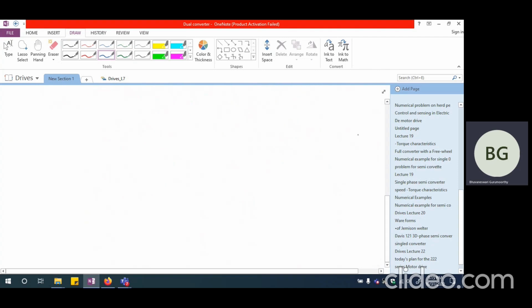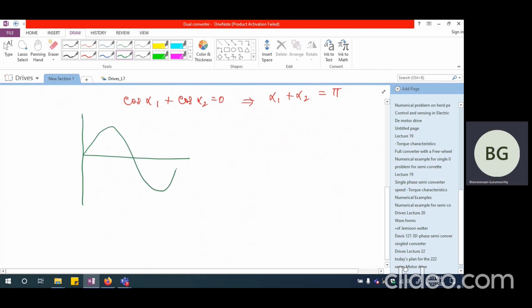So let us first of all try to look at the waveform corresponding to alpha equal to say 30 degrees and alpha equal to 150 degrees. So this is omega t.